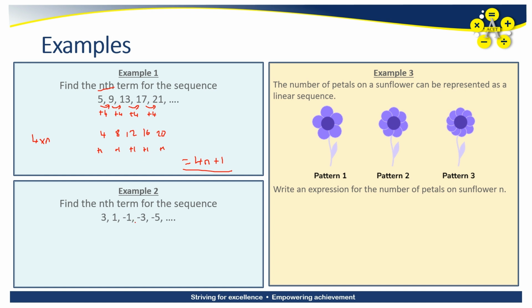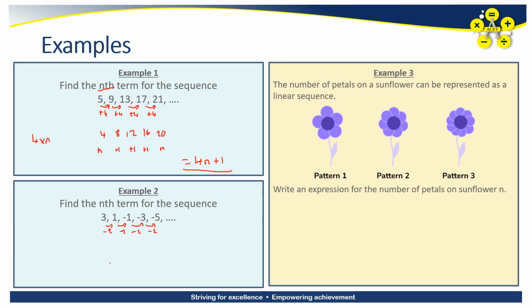I'll show you again here for this example too. This time, however, notice the sequence is decreasing, it's going down. So the rules don't change, we still do the same thing. How do I get from one term to another? To get from 3 to 1 is -2. To get from 1 to -1, still -2. Still -2, and from -3 to -5 is -2.